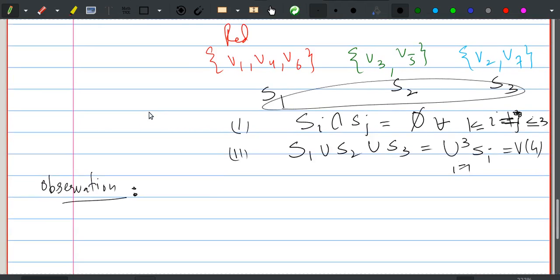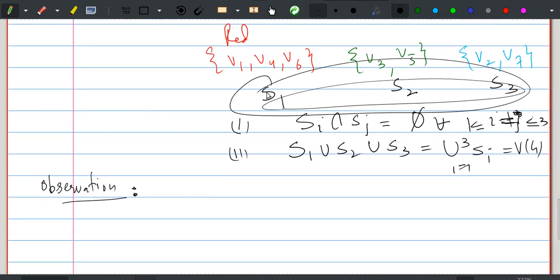That is why we got these 3 subsets here. Suppose chi of G is k.